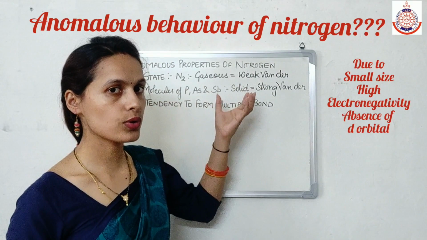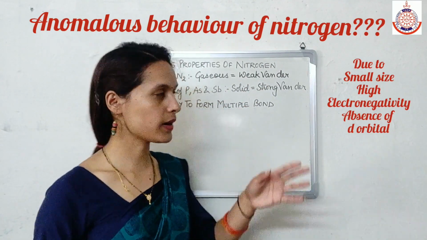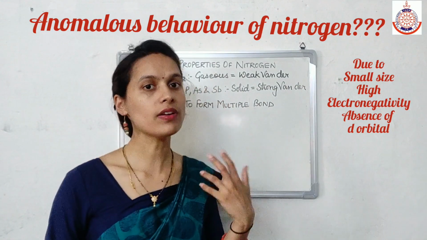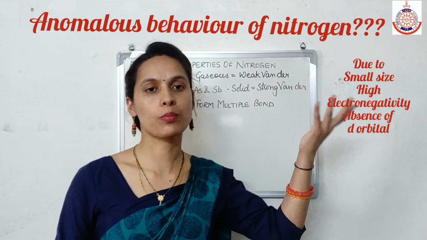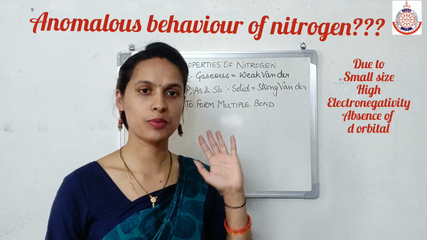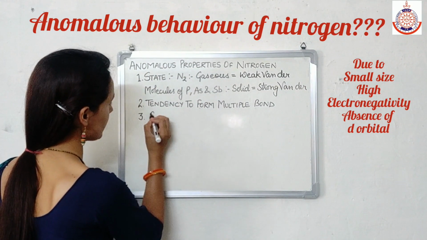That's why in N2, in between N2 we have 3 covalent bonds, but in case of phosphorus we have single covalent bonds, and it exists in the form of P4 molecule, As4 molecule and Sb4 molecules. Now next, if I talk about catenation.